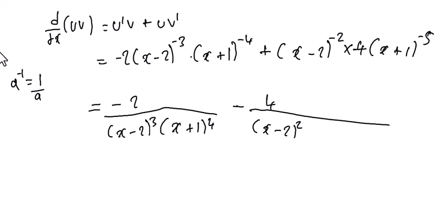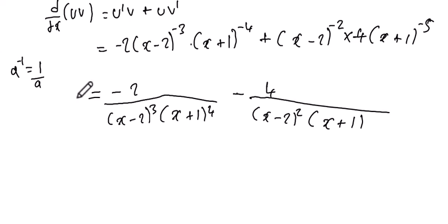So the negatives are being removed since we are now reversing to our original equation. So multiplied by x plus 1. Forgive my handwriting.